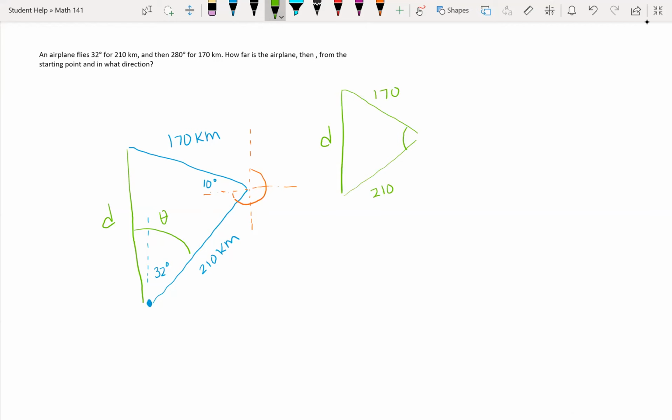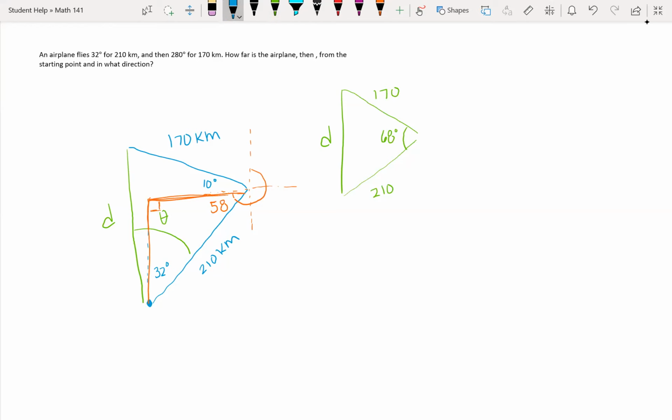What is that angle? Well, let's draw a little triangle in the original that we had. In the original that we had, if I make this a right angle here, I had 32 degrees down at the bottom. And so because this is a right angle, that means that this is 58 degrees. And so 58 plus 10, this angle in this triangle that I've drawn is going to be 68 degrees. So now that I've got that, I can use the law of cosines to find that distance d.